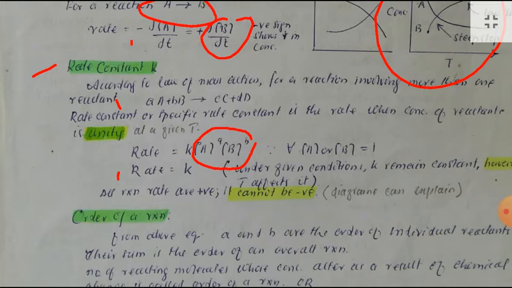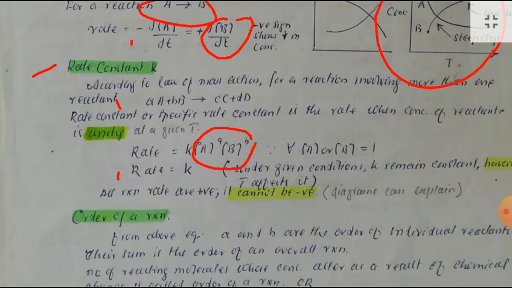if a particular reactant is doubled in its concentration, then we check whether the rate of reaction also gets doubled or not. If the rate of reaction doubles by doubling the concentration of any species on the reactant side, then we can say that the order for that particular reactant will be dependent upon the concentration.